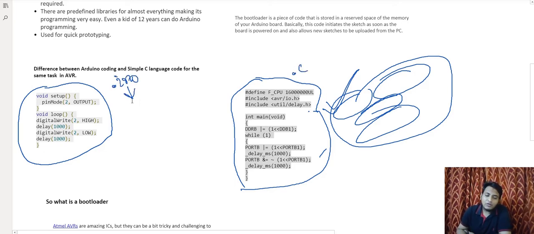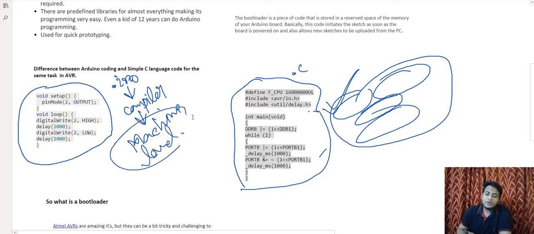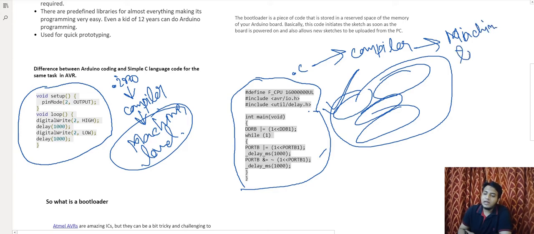Obviously both of them are at first compiled, meaning converted to a machine level language that your Arduino microcontroller understands. And this one is also compiled first and then delivered as machine level language, because this language is what we understand.